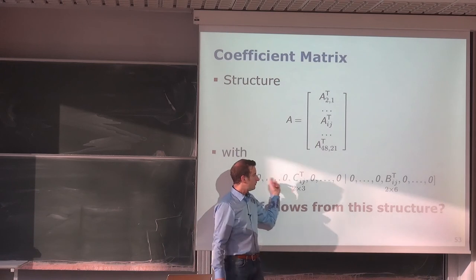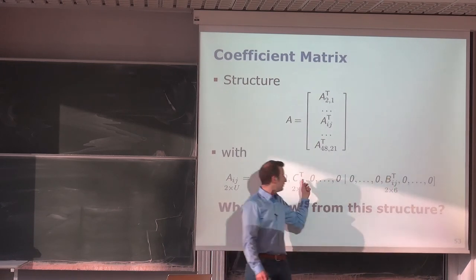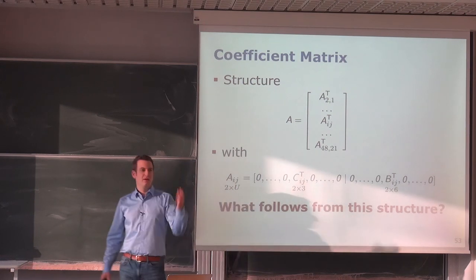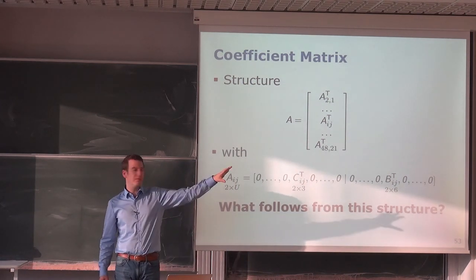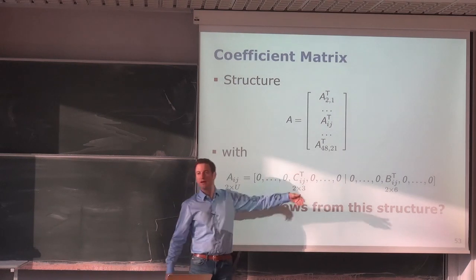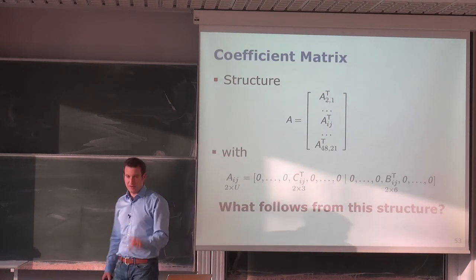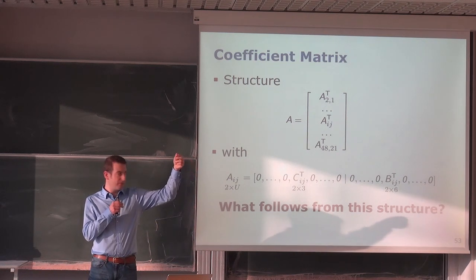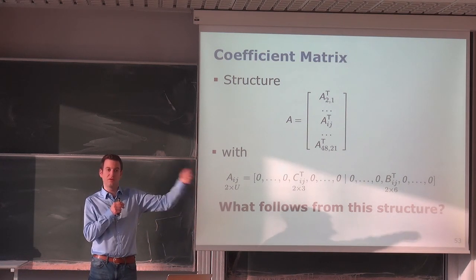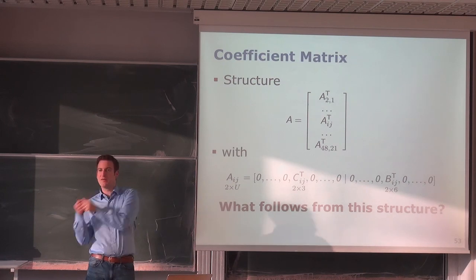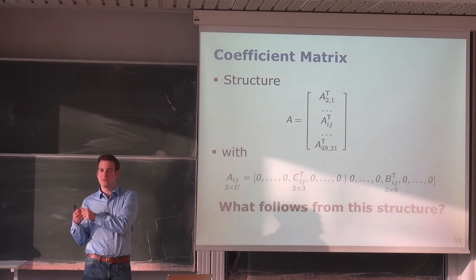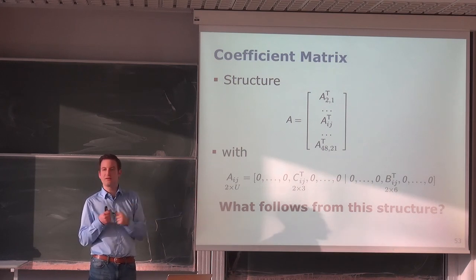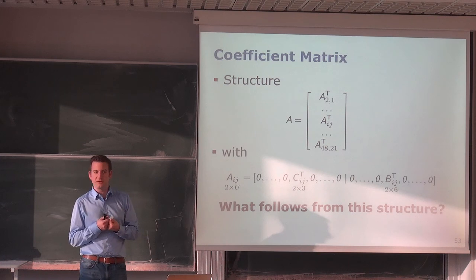They are all 0, and only those blocks are non-zero, because these are the blocks which again encode the location of the point and the orientation of the camera. So what is the mapping between the 3D coordinates of the point and the orientation of my camera, how this maps into the space of observations. And only those two parts matter. The coordinates of the other points do not matter for computing this observation.